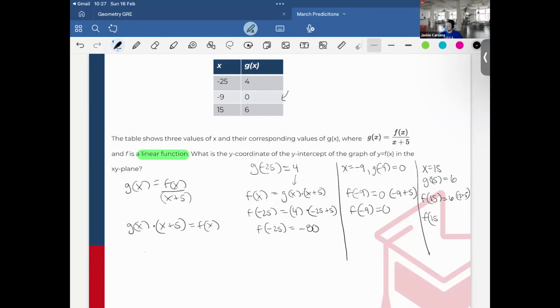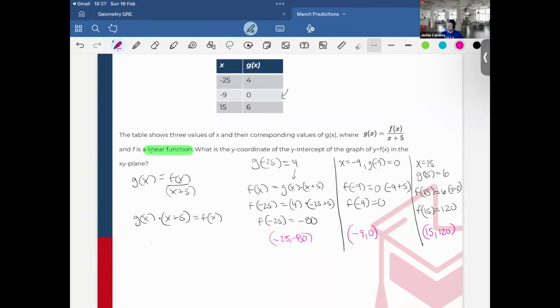So f of 15 gives me an output of 120. So I have these amazing points: negative 25, negative 80; negative 9, 0; and 15, 120.